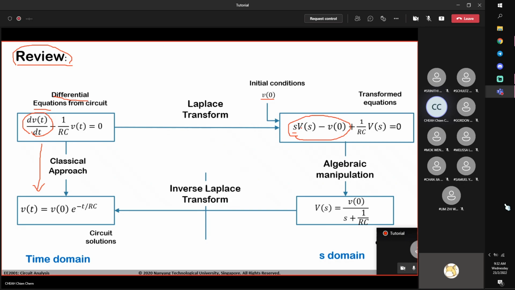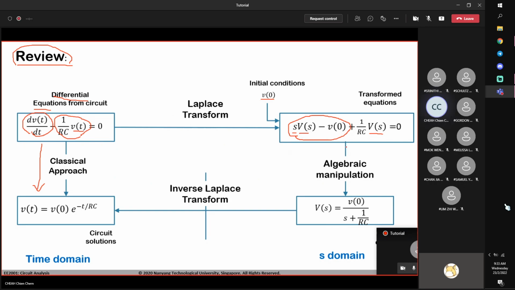So once you see a signal V(s) multiplied by s, it implies some kind of differentiation in the time domain. For the other terms in the differential equation, you make use of the linearity property. 1/RC is a constant multiplied by V(s), while V(s) is the Laplace transformation of v(t). Usually you use a capital letter to differentiate from the time domain signals, and the argument inside will be s, the Laplace variable.